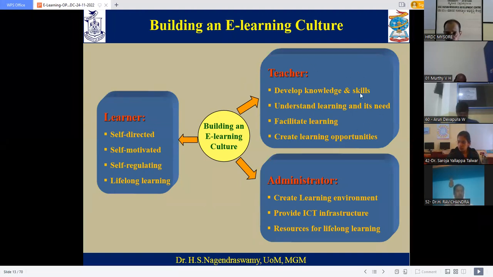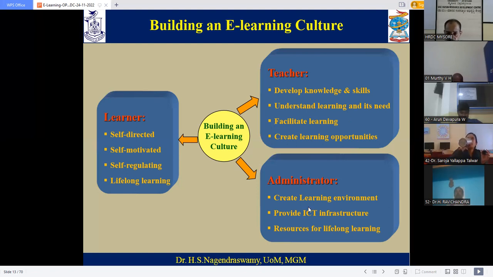So in the framework of e-learning, with the support of technology, we being teachers should understand these things, and accordingly engage in the learning process, or transfer the knowledge to the learners. So develop knowledge and skills, understand learning and its need, facilitate learning, create learning opportunities.